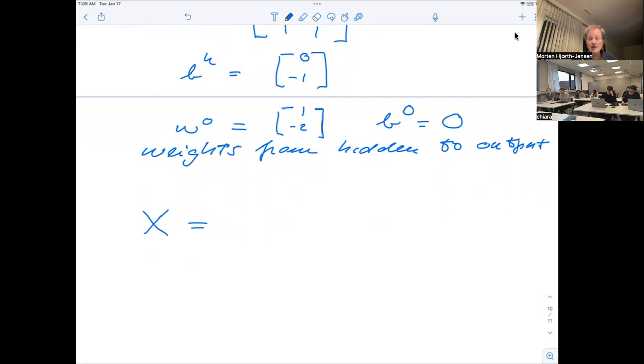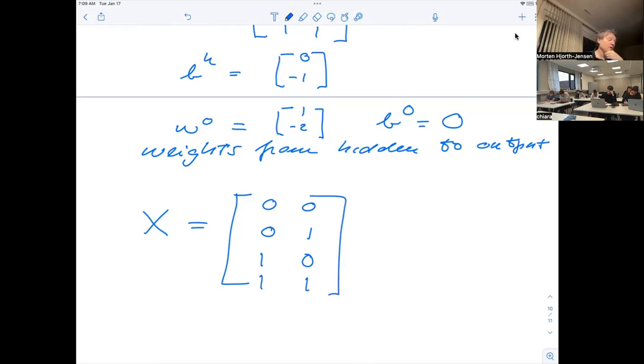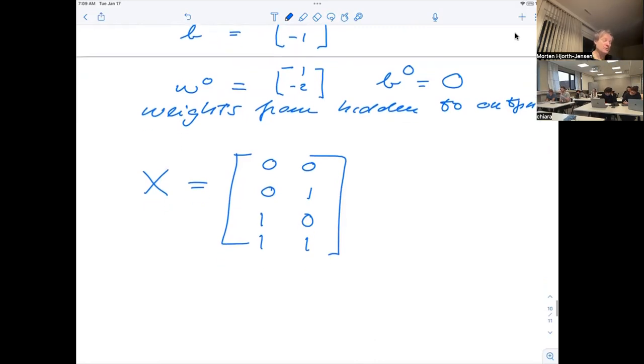It includes only the data X. So the data X has simply to be given by 0, 0, 0, 1, 1, 0, and 1, 1. We actually have to be a little bit careful here with the way we are setting up the data.